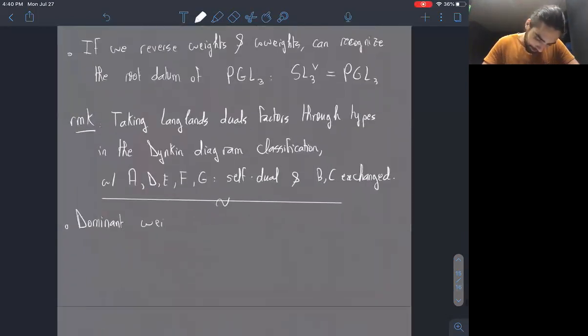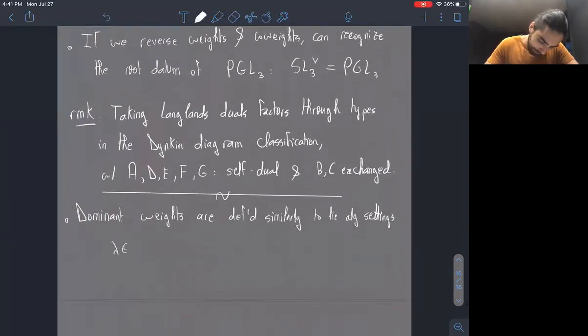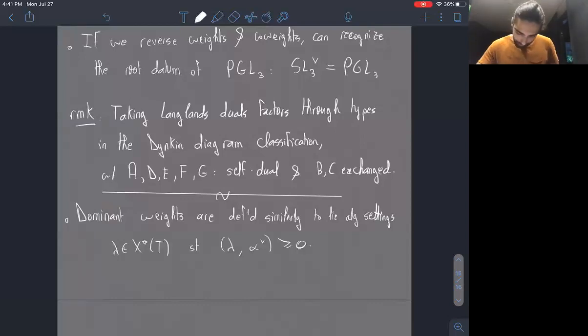So dominant weights here are defined similarly to the Lie algebra setting. I'm just going to ask a given weight to evaluate on each co-root to a non-negative integer for every simple root alpha. So I have a weight, I check a co-root, I apply the pairing, and I get a non-negative integer.